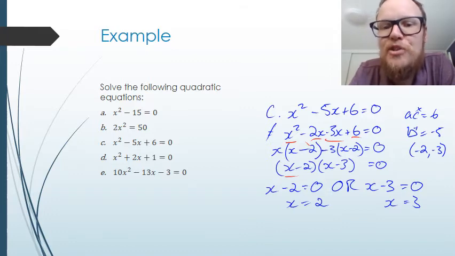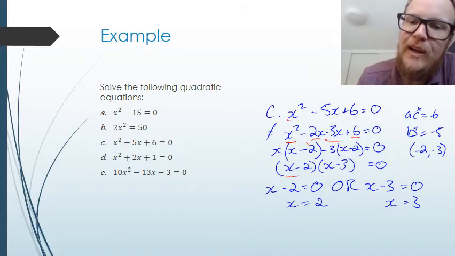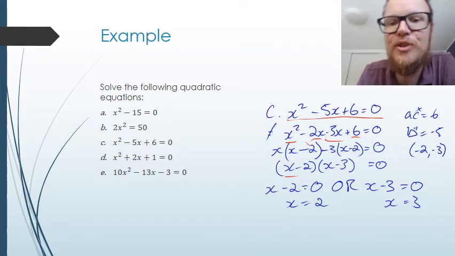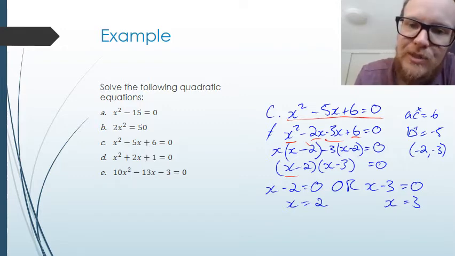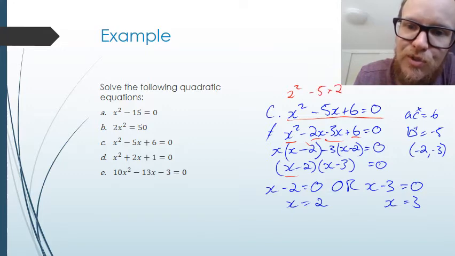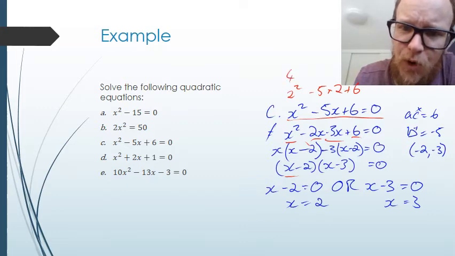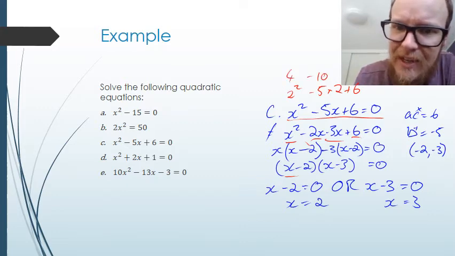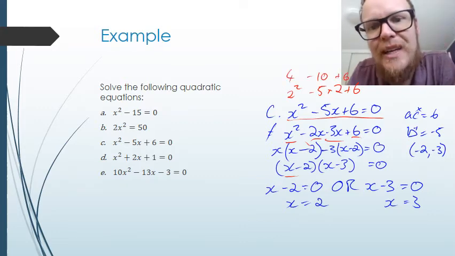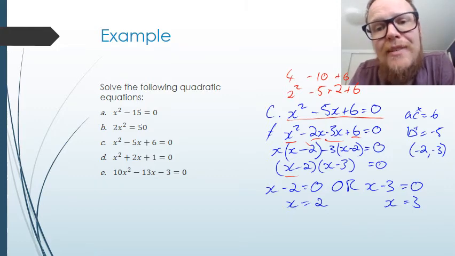If I substitute 2 into the original equation, back up here, let me see if I can do this in my head. 2 squared minus 5 times 2 plus 6. So 2 squared is 4, minus 10, plus 6. 4 minus 10 is negative 6.